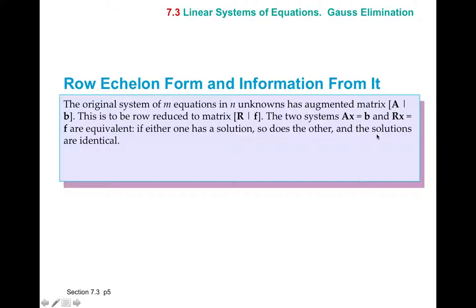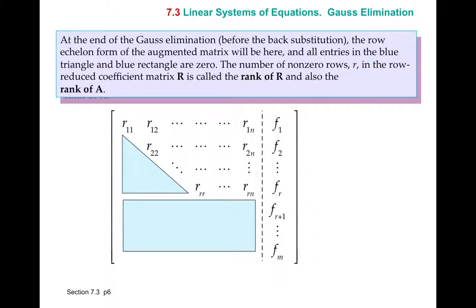If one of them has a solution, the other one also has a solution, and those solutions will be identical. After we do Gaussian elimination, we have something that looks like this, the row echelon form of an augmented matrix, where these blue triangles represent zeros. So we had some matrix A, and we did a lot of row operations so that we could reduce it to some matrix R.